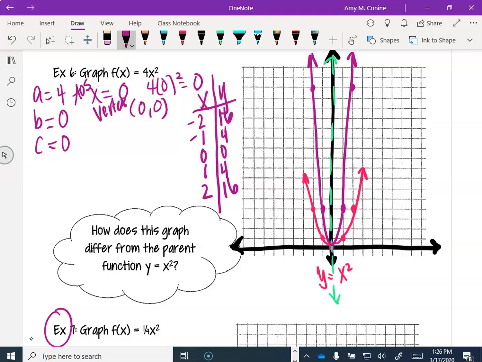Okay, and this is the one that we were given. So if you look, the shape has changed pretty drastically. It's being pulled up. So when we answer this question, how does the graph differ from the parent function?